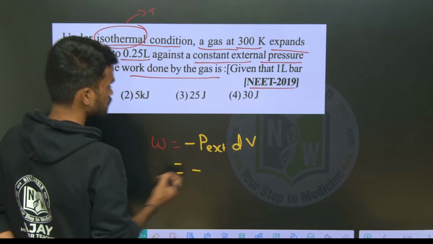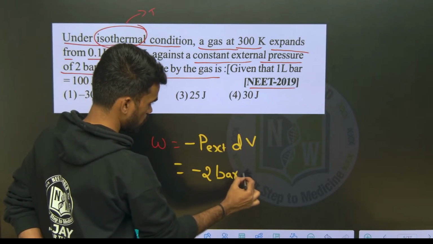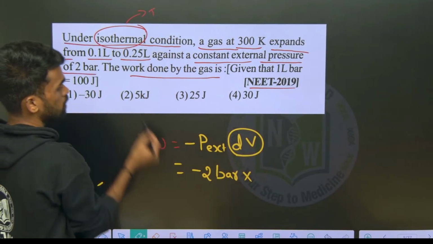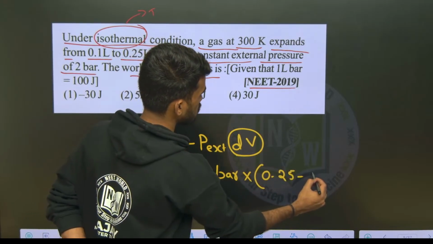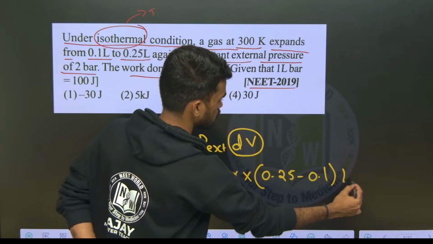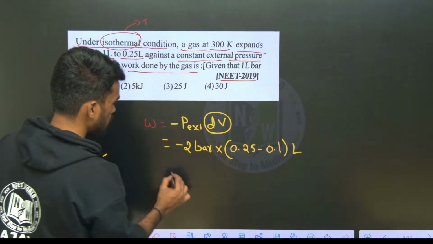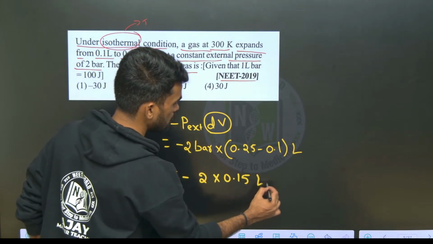So minus, the pressure is 2 bar, into the change in volume. Volume changes from final V2 minus V1, that is 0.25 minus 0.1 liter. So we get minus 2 into 0.15 liter bar.